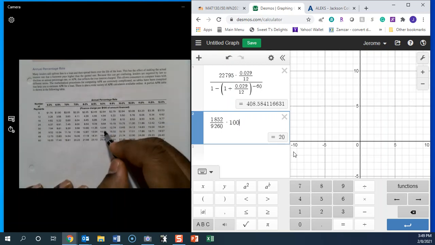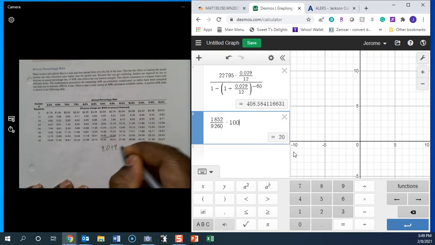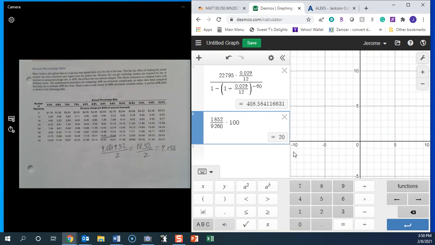So what we would do with the percentages that are listed up here, we would add those percentages together and divide by 2. So it'll be 18.5% divided by 2, which is 9.25%. So we will use the 9.25% for our percentage.